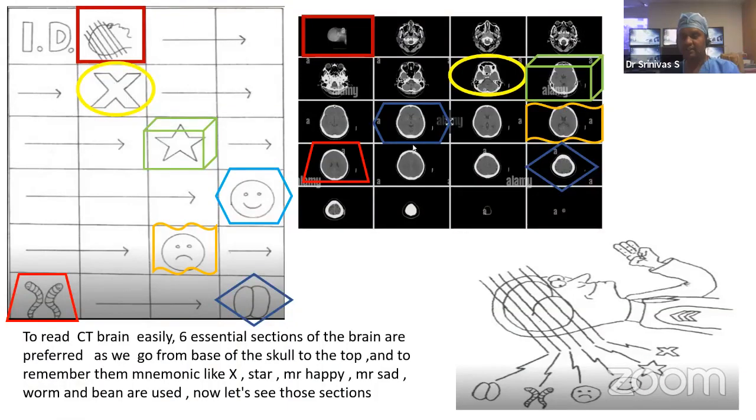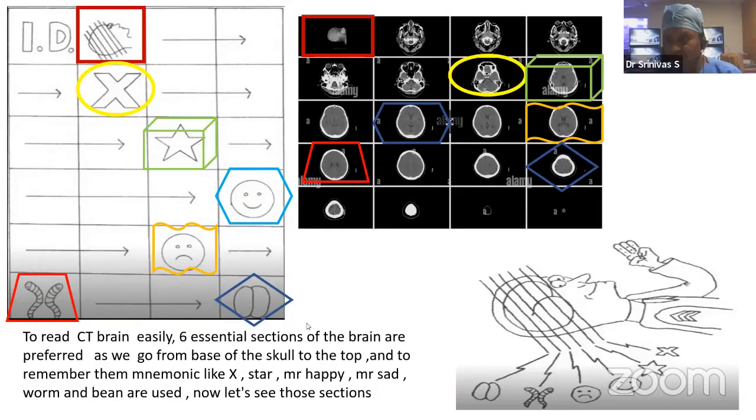So to read a CT scan easily, 6 essential sections of the brain are preferred as we go from the base of the skull to the top. To remember this, I usually remember them as an X, star, Mr. Happy, Mr. Sad, warm shape, and the bean shape structures.